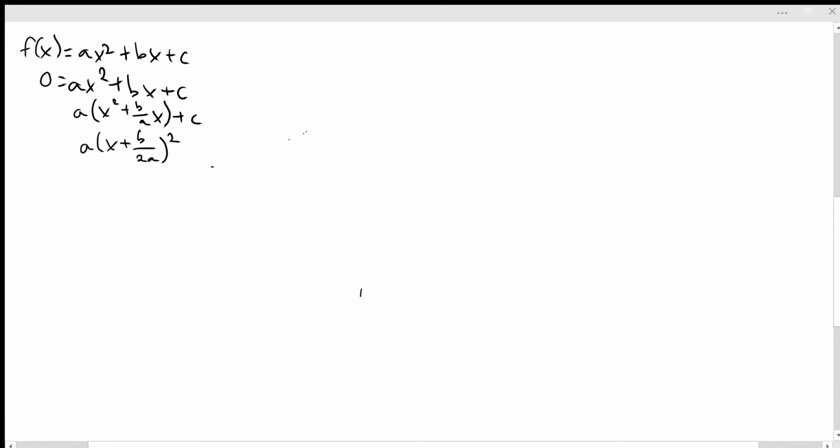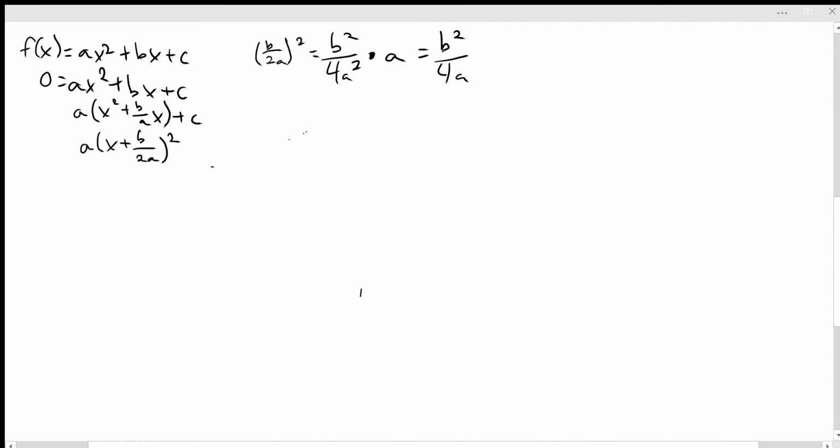Then we need to square this b over 2a. So b over 2a quantity squared equals b squared over 4a squared. And then we need to multiply that by our a, so it equals b squared over 4a.